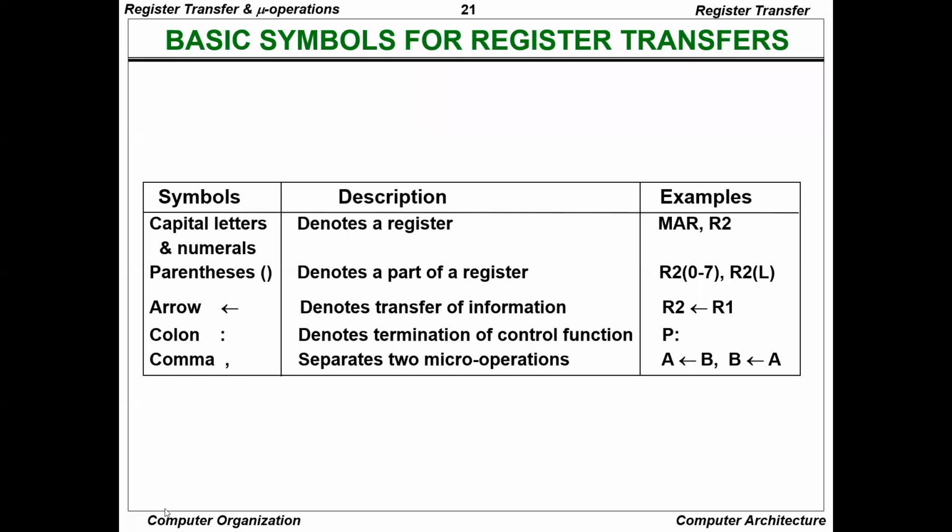We are not going to discuss how those micro operations are actually performed by the circuit formation. I don't think that is mentioned in your syllabus. We are just going to list the micro operations that we can perform, or the instructions that we can give. So let us begin.